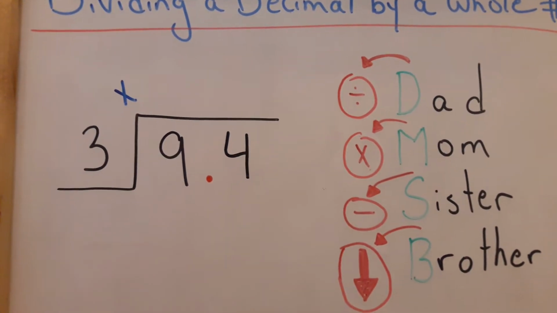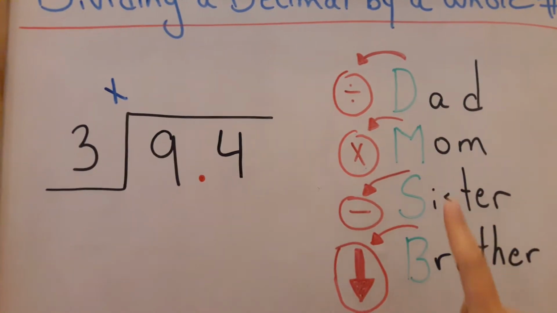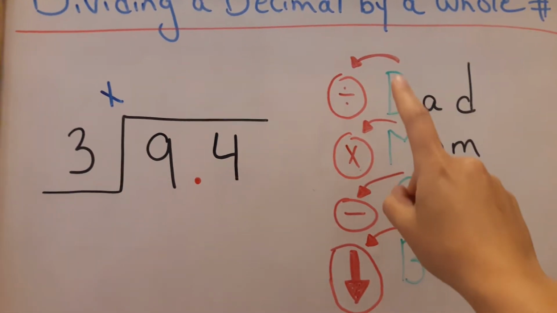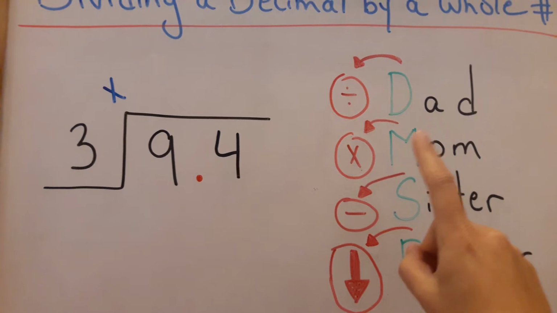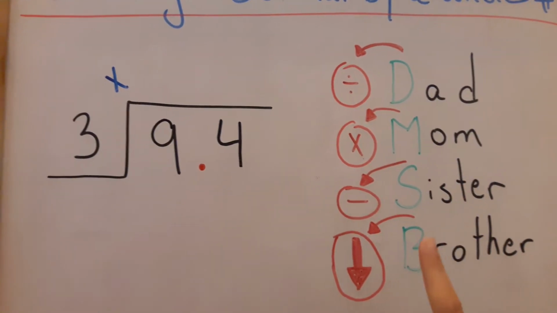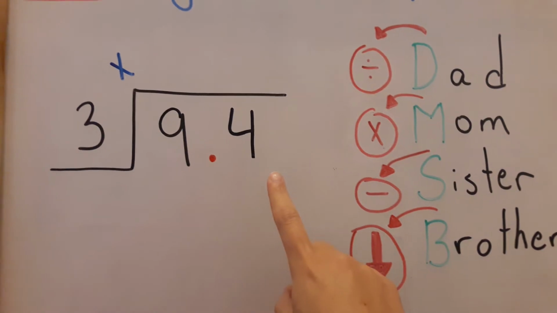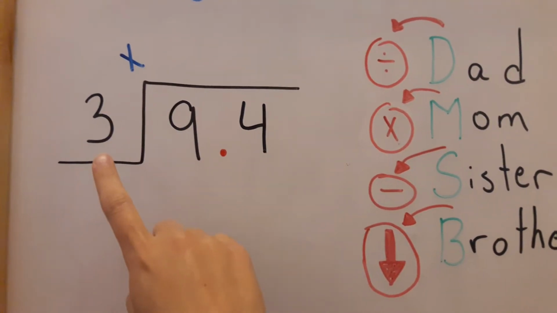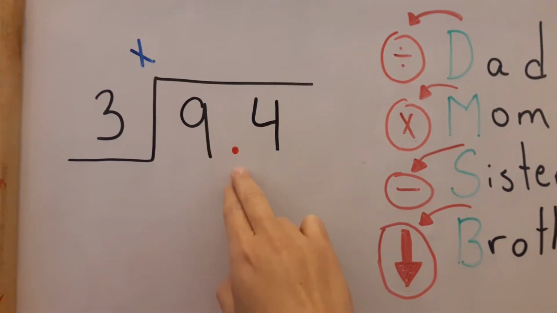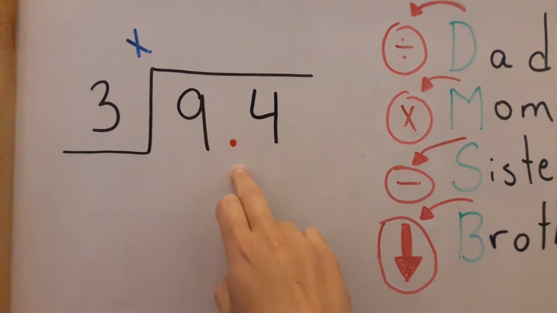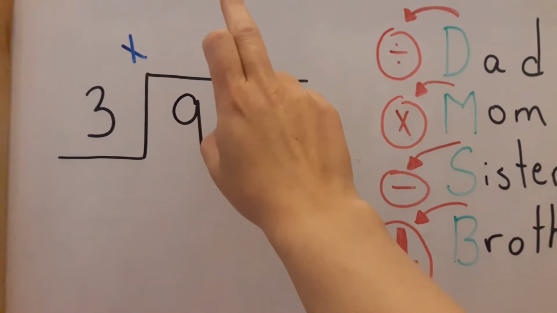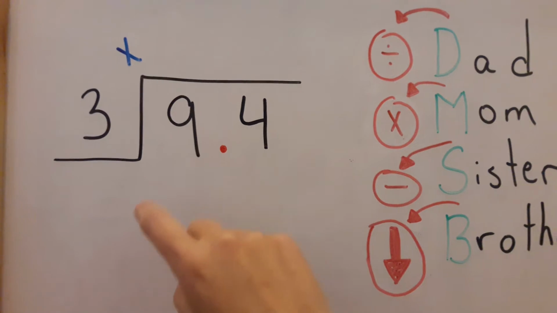Okay, let's continue. To divide, we have 4 steps. We have to think, divide mentally, then multiply, then subtract, then bring down. Now, when we are dividing a decimal by a whole number, don't let this mix you up. When you reach this decimal point, it should go up. Okay, let's continue.